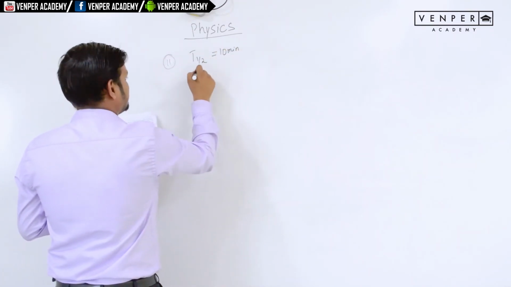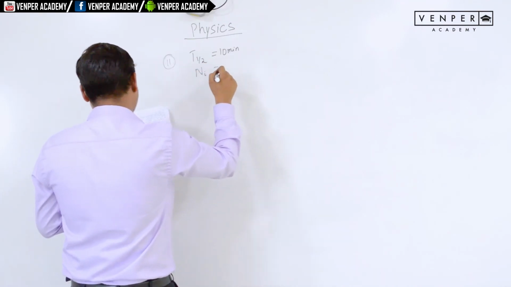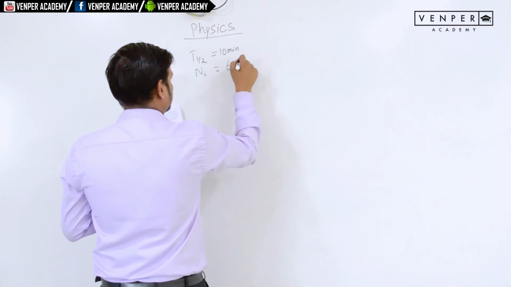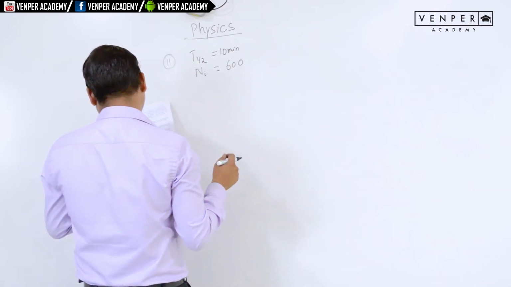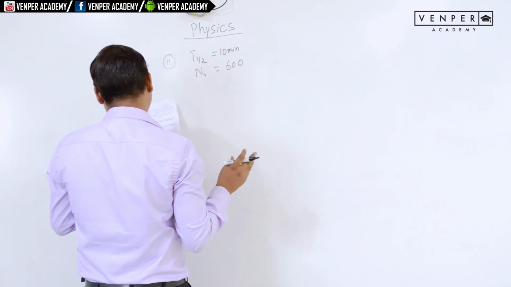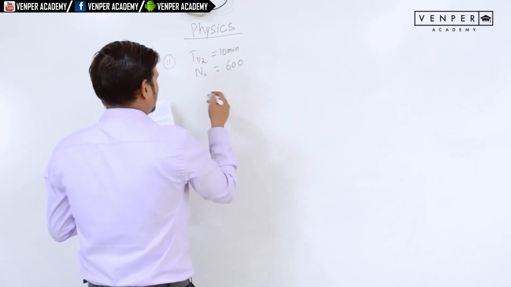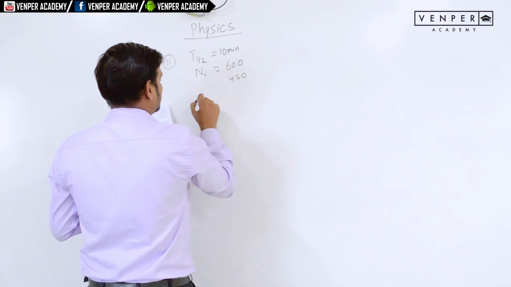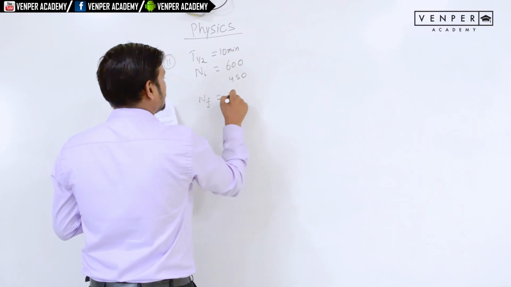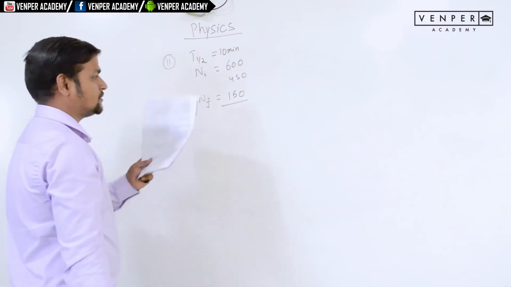Next, initial value is 600. Clear? Now they are asking the time taken for the disintegration of 450 nuclei. So if 450 is disintegrated, which means now final how much nuclei is left? 150 only. Final number of nuclei is 150.